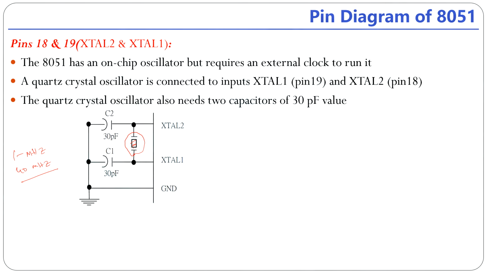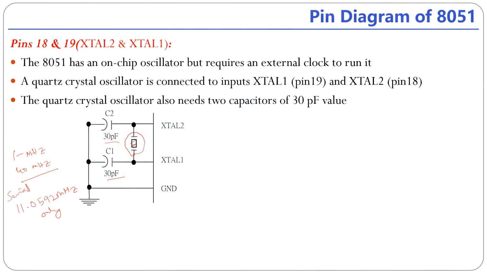But when you are operating with the serial port of the 8051 microcontroller, we compulsorily need to use 11.0592 megahertz only. And you can see the two capacitors used here, each of size 30 picofarads.